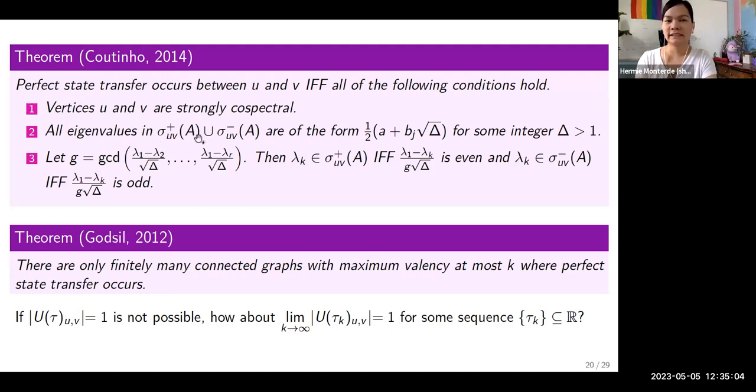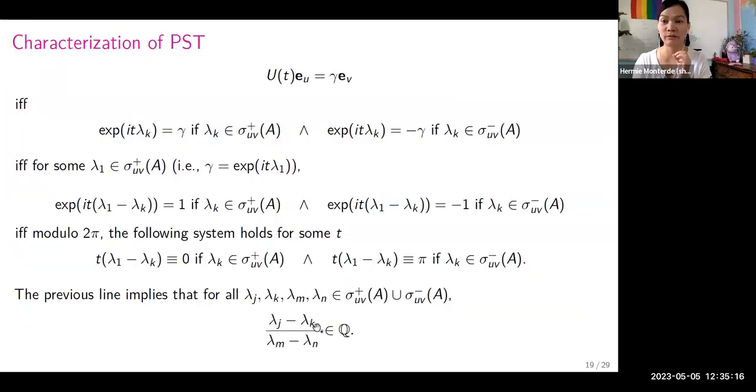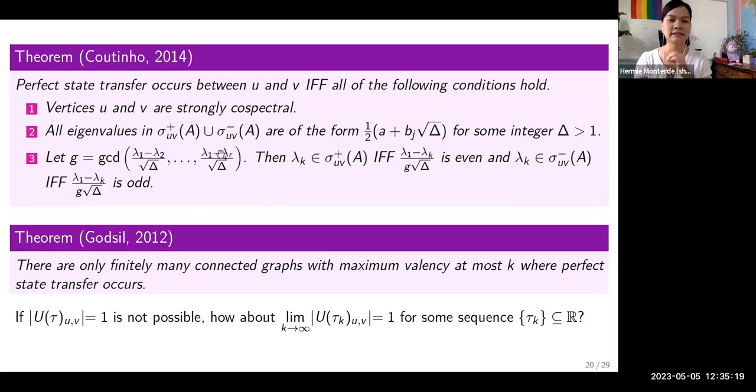So two vertices exhibit perfect state transfer if and only if they are strongly cospectral, okay? And the eigenvalues in this union, and this is actually stemming out from this. This also implies that perfect state transfer is rare, because all the eigenvalues in this union should be of this form. It should be either all integers or quadratic integers, okay, in some field Q of square root of delta.